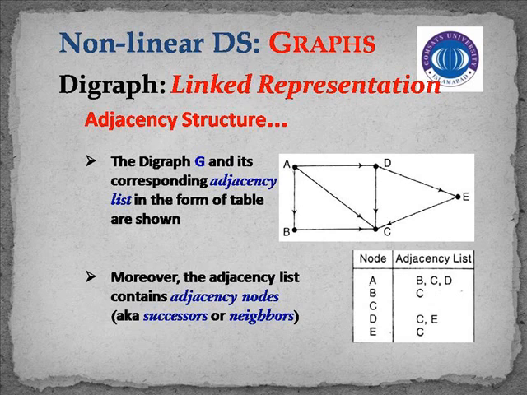Dear viewers, the directed graph G and its corresponding adjacency list in the form of a table are shown in this slide. Moreover, the adjacency list contains adjacency nodes, also known as successors or neighbors.